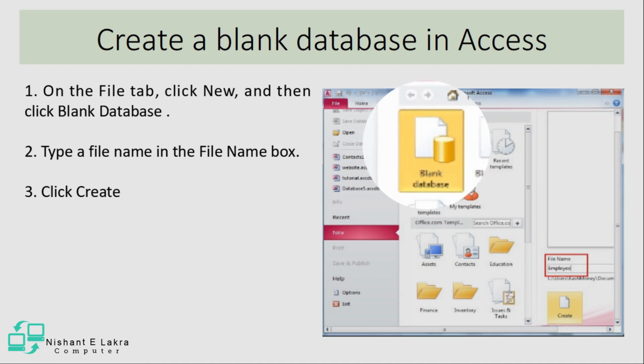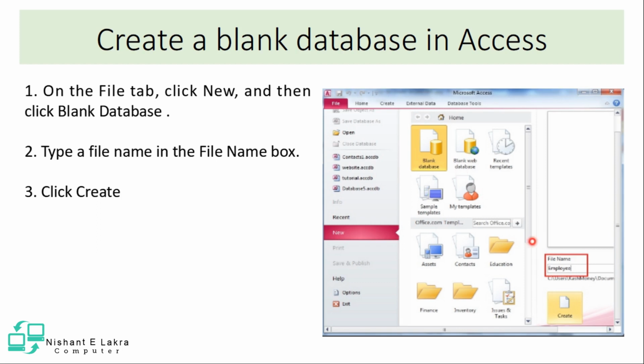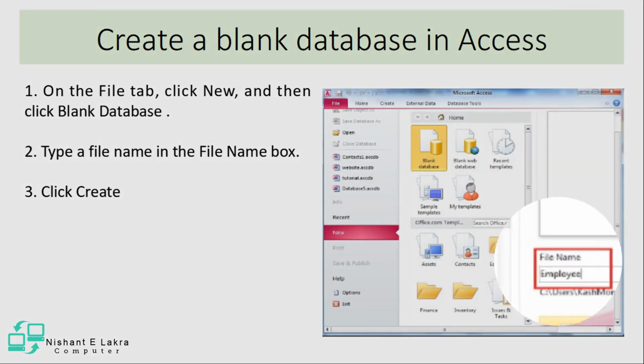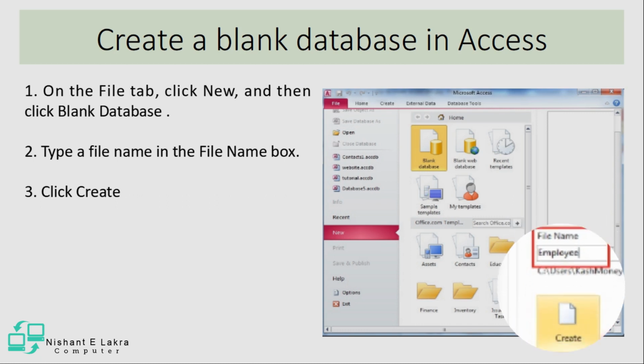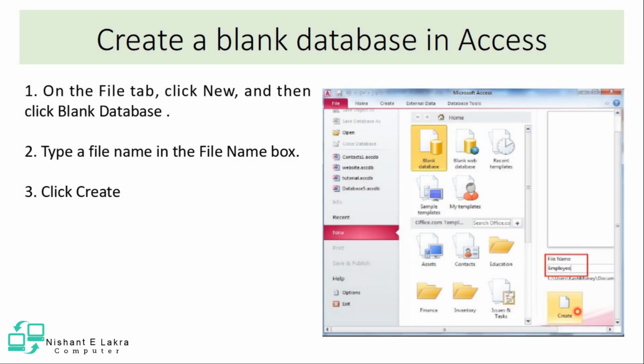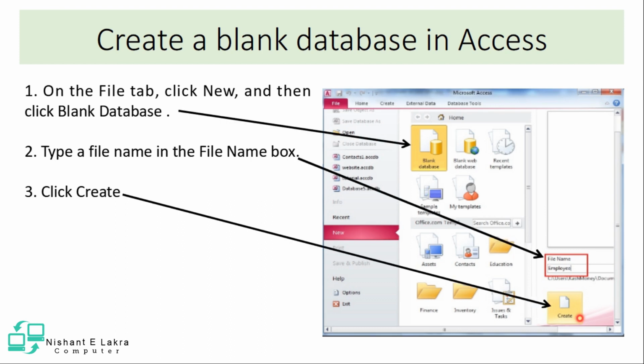After that type a file name in the file name box that is present on the right hand side, and after that click on Create. When you click on Create, a blank database is created. These are the places where you have to click and type.